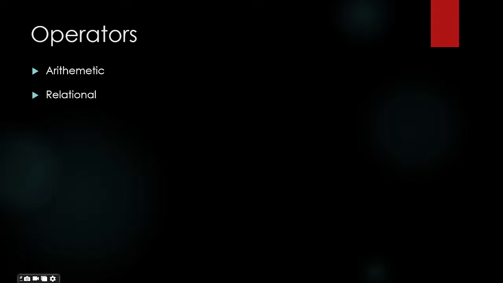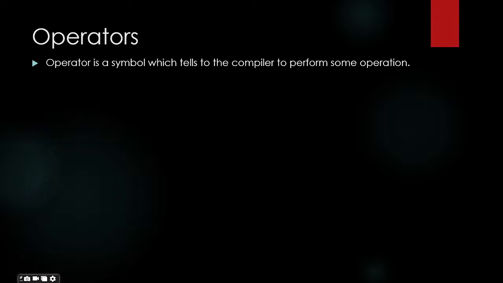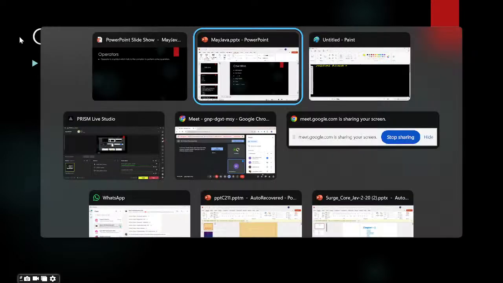We have different operators like arithmetic operators, relational operators, logical operators, assignment operators, and the new operator and dot operator. These are the operators we have in Java.